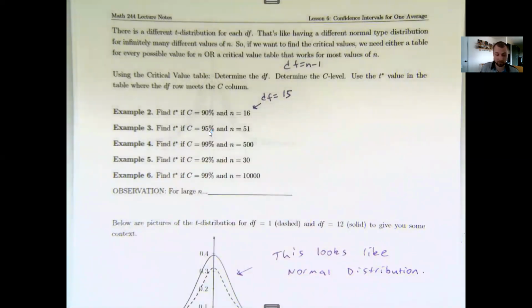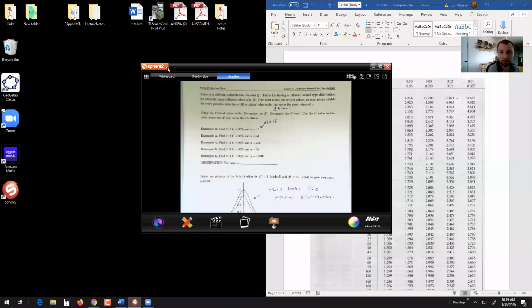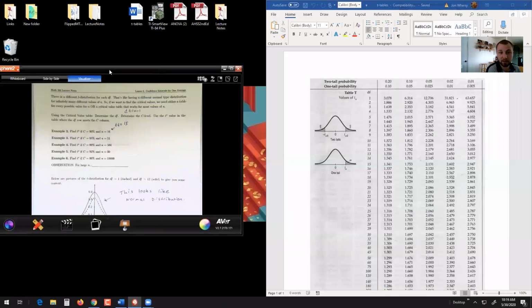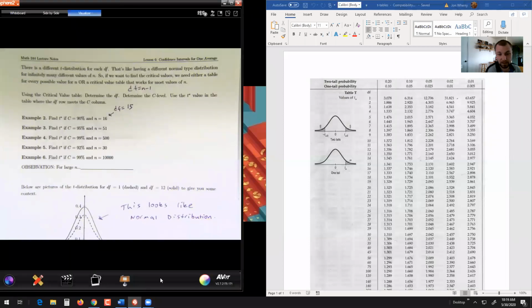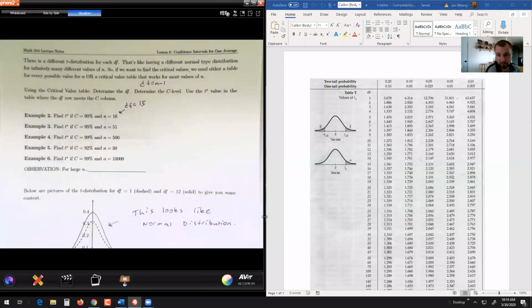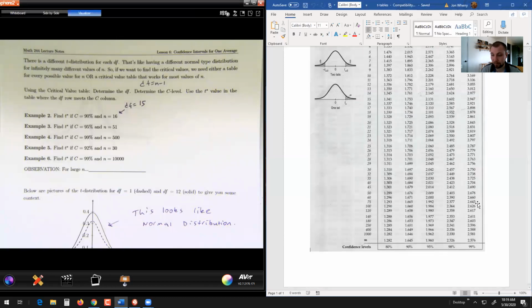Let me show you what that looks like. So I've got a t-table here. I'm going to make this side by side so I can see the two things. And in this t-distribution, it gives me a bunch of different degrees of freedom. And in those columns there, these are all of my different confidence levels.